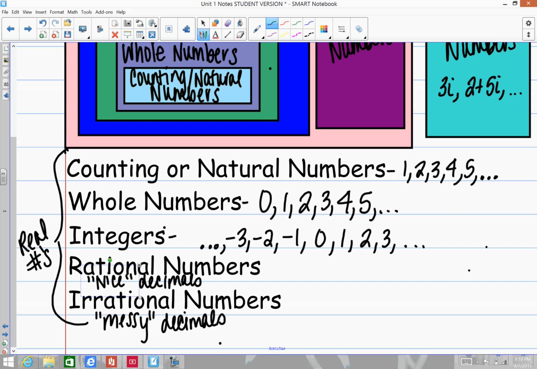There's going to be a pattern, or it's going to end, if you're not sure. But really, rational numbers are always going to include fractions. So you can add that here too. So some examples: 3/4, that's a good fraction. Square root of 4. If I take the square root of 4, it comes out to a whole number, so that's rational.